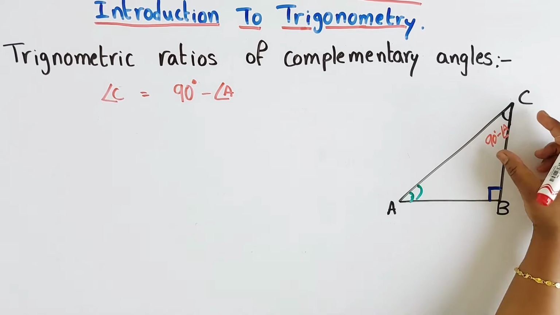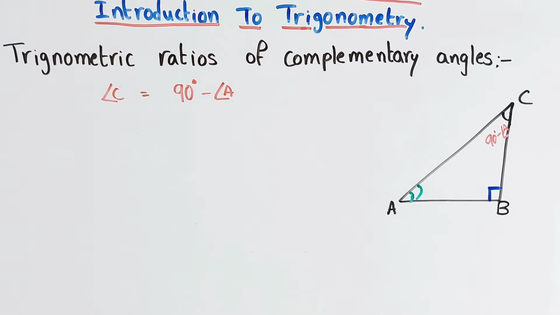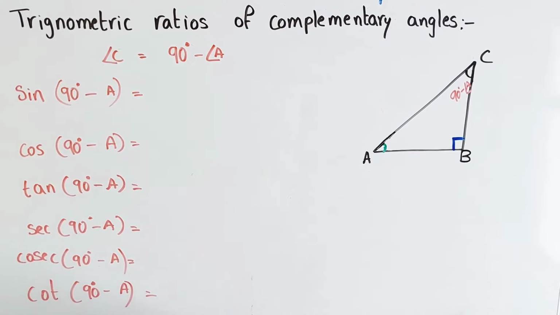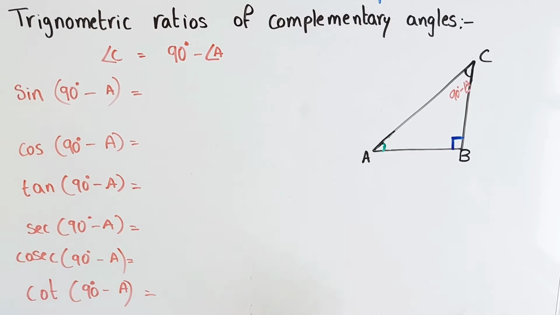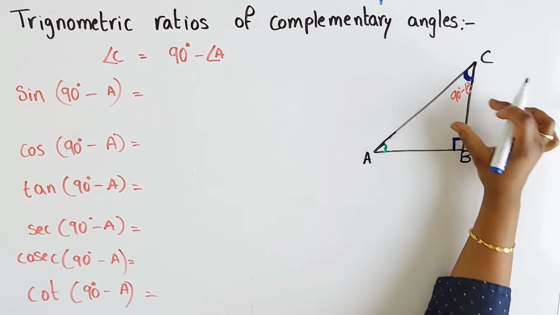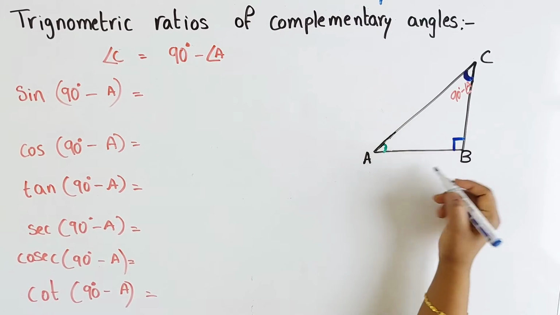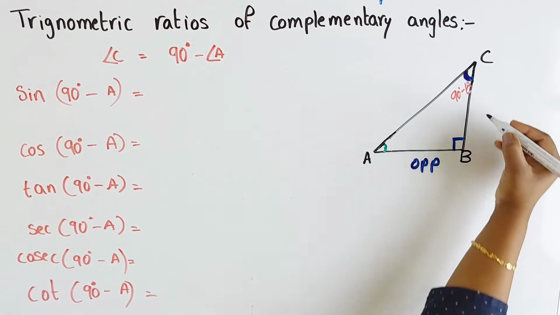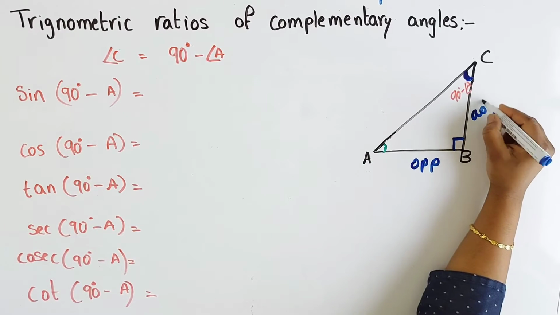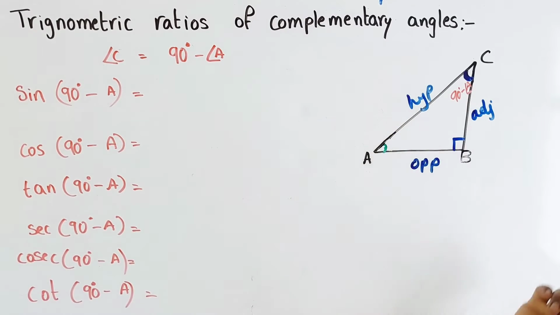Now we'll find the trigonometric ratios for 90 minus A. Now sin 90 minus A, we have to consider this angle because this is 90 minus A. Right, what is sin 90 minus A? This will be the opposite and this will be the adjacent, and hypotenuse is the hypotenuse only. This will never change. Right.